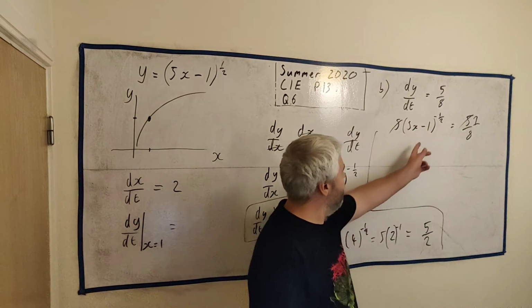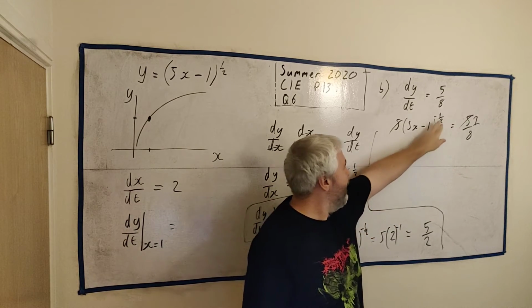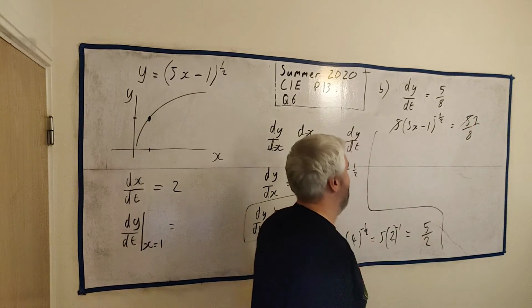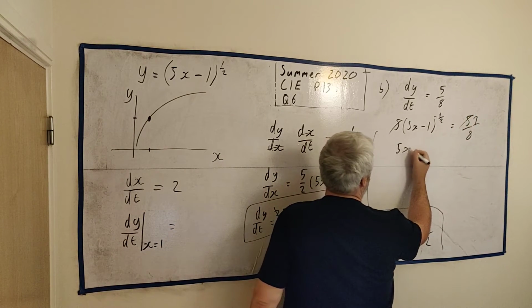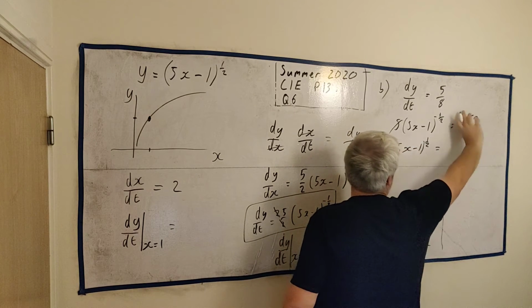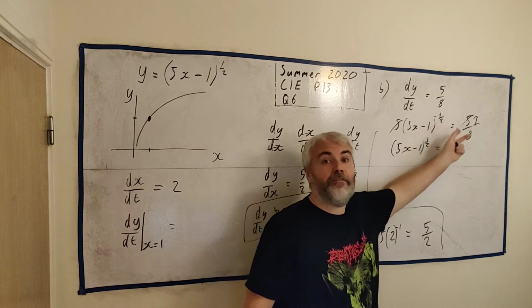And next thing, let's take both sides to the power of minus 1. So basically multiply this by minus 1 and take all this to the power of minus 1. So that just becomes (5x minus 1) to the power of a half, and I flip this upside down, 8 over 1. I took the inverse of both sides.